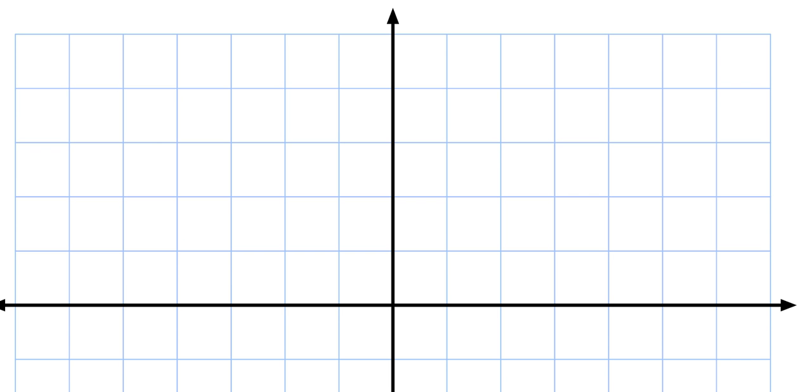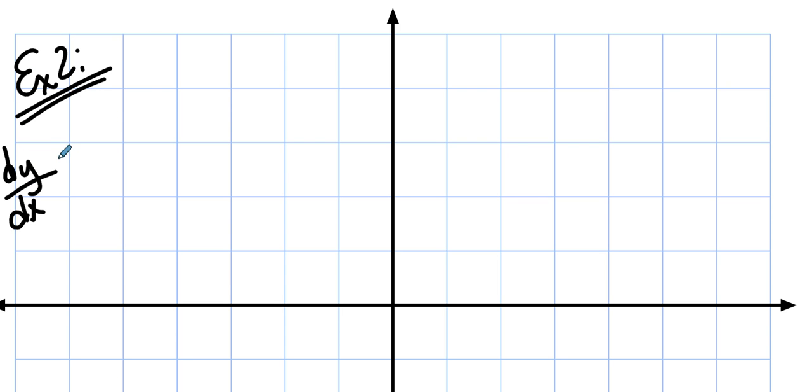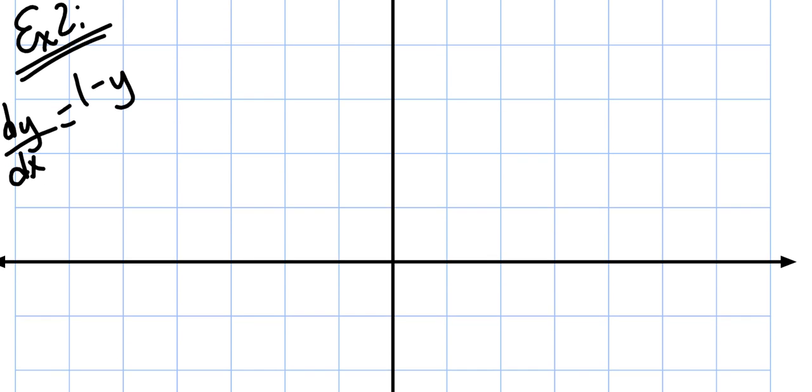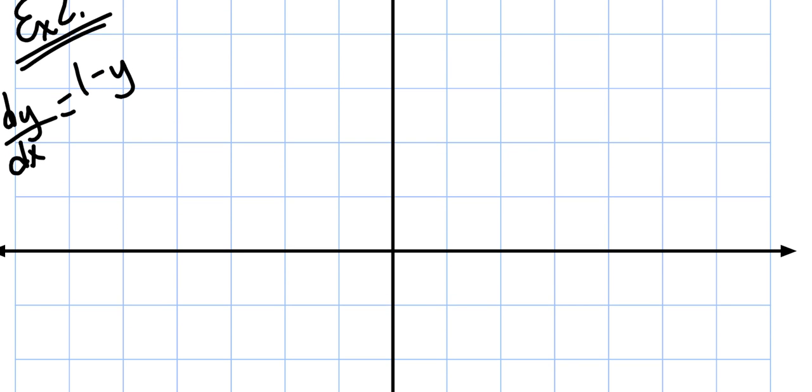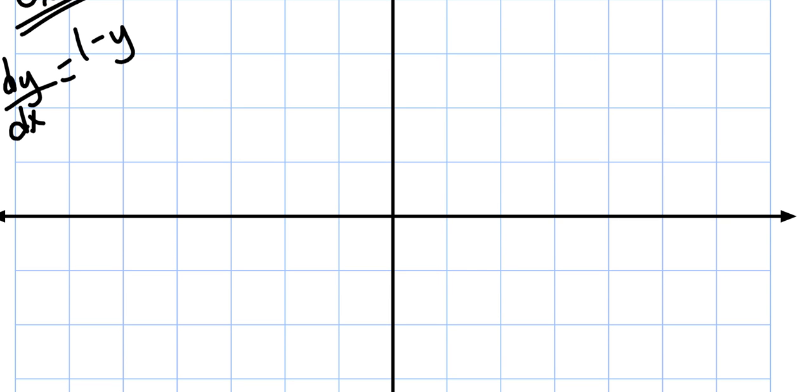If I may show a second one, what about dy/dx is 1 minus y? It's less clear what the solutions are here. And let's see, let's make the dots a little closer together.